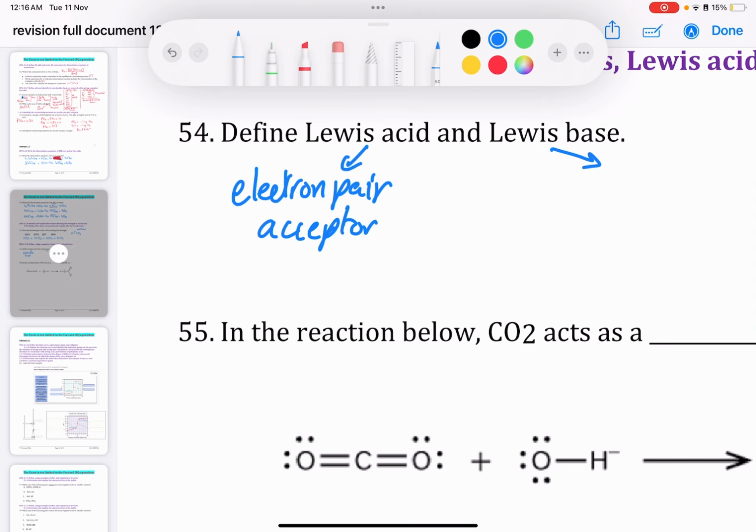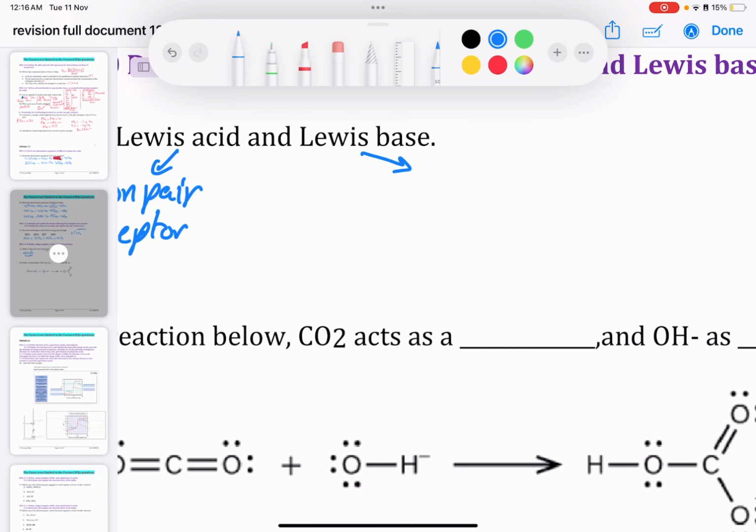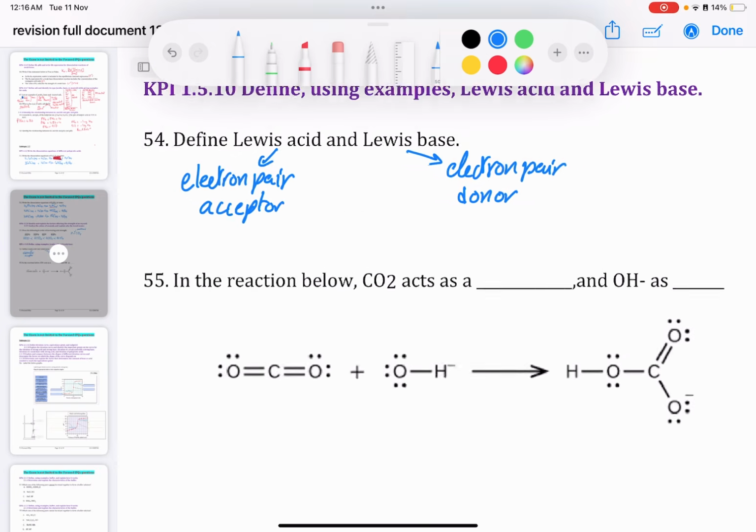Usually these are the atoms in the molecule or in the compound that did not complete their octet rule, or the positive ions because they lost their electrons, so now they can accept electrons. And Lewis bases are the ones that are electron pair donor. So any molecule that has lone pairs on it or negative ion is a Lewis base.